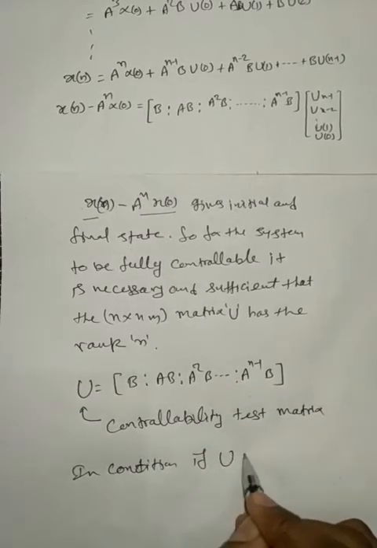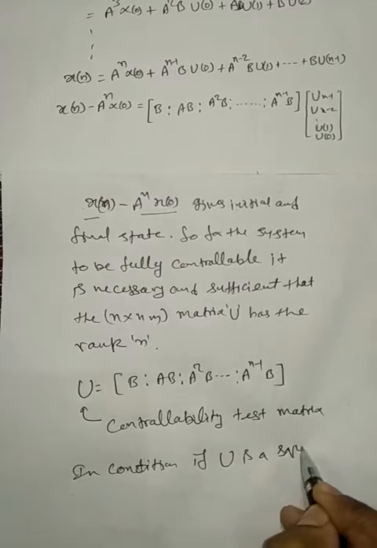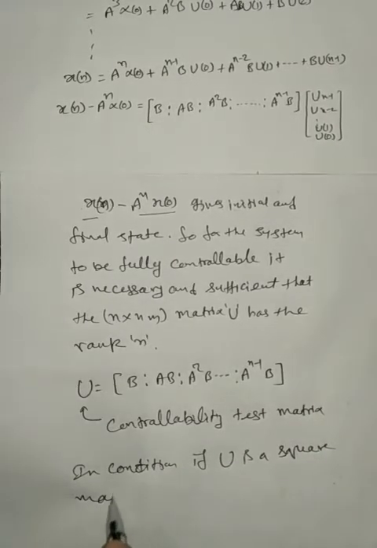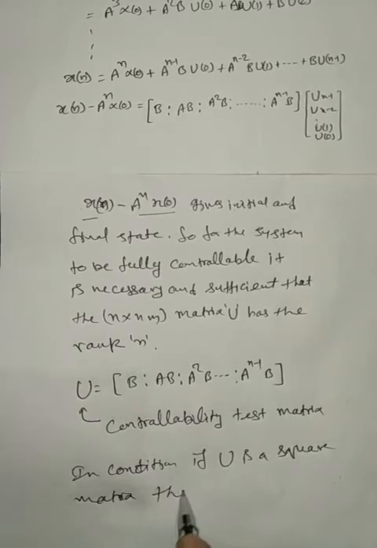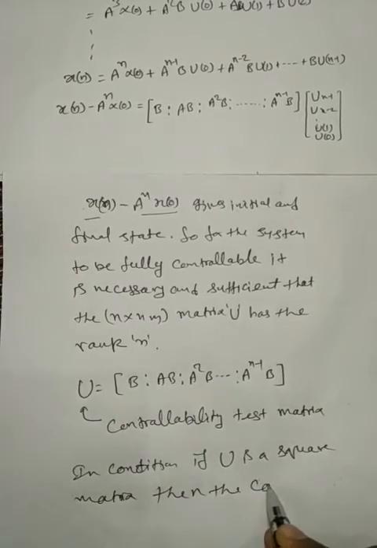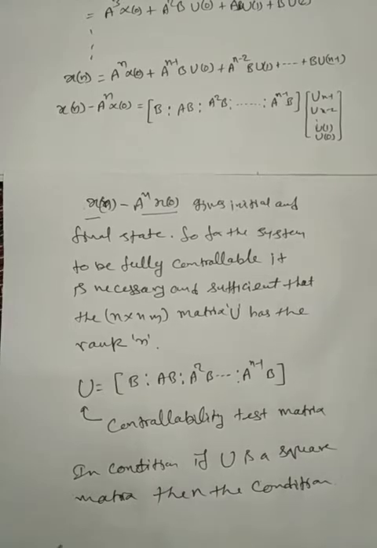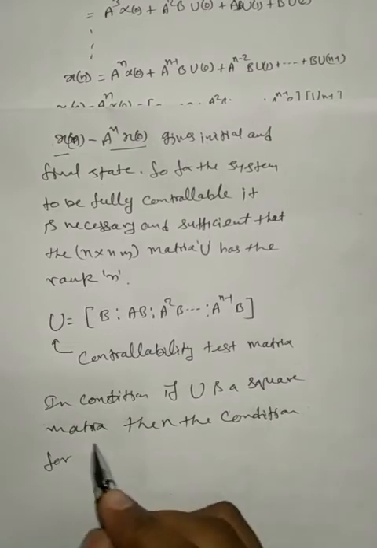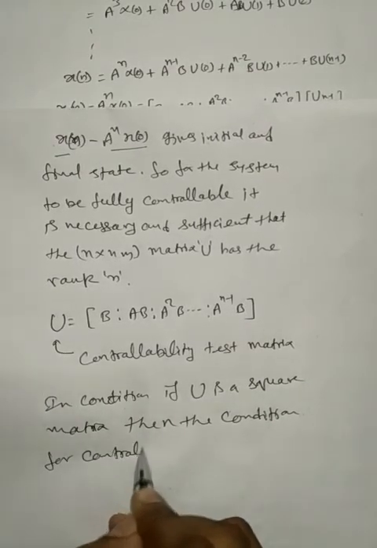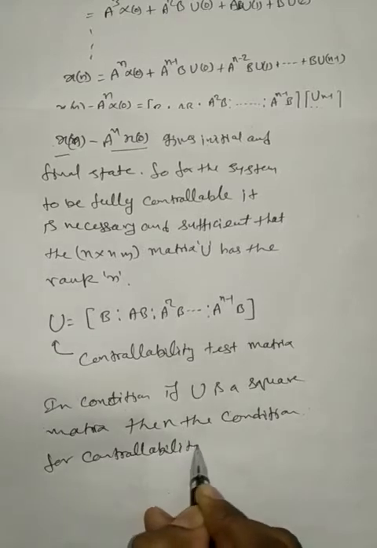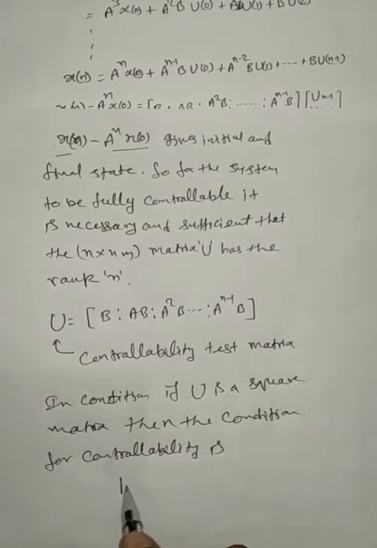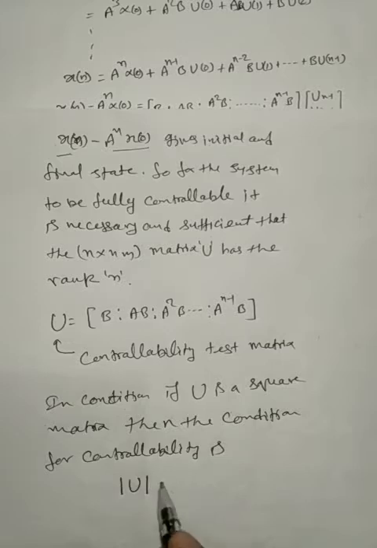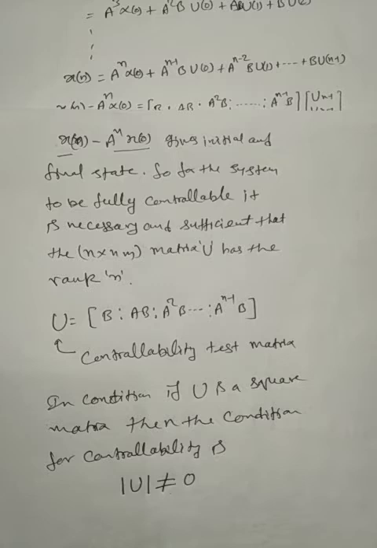If U is a square matrix, then the condition for controllability is that the determinant of U should not be equal to 0. It means the matrix should not be singular.